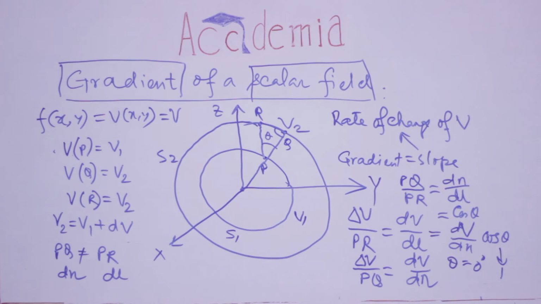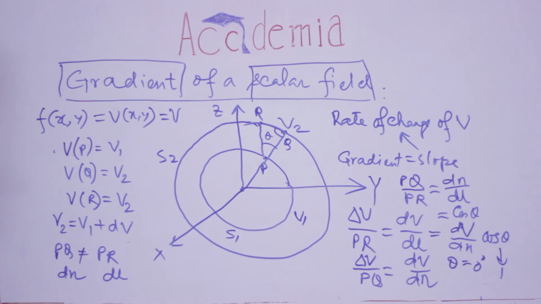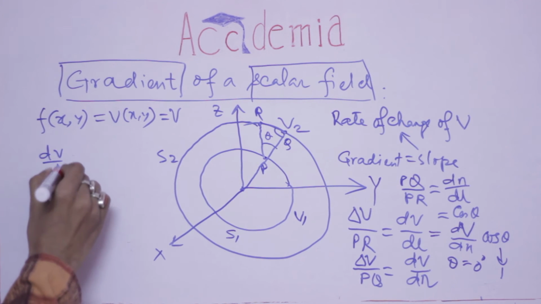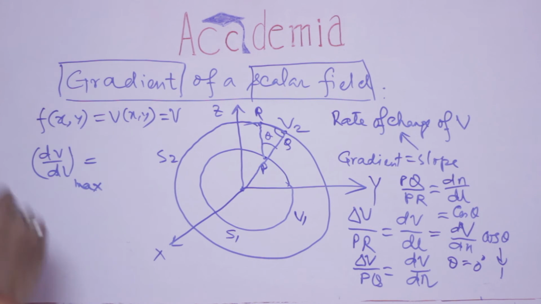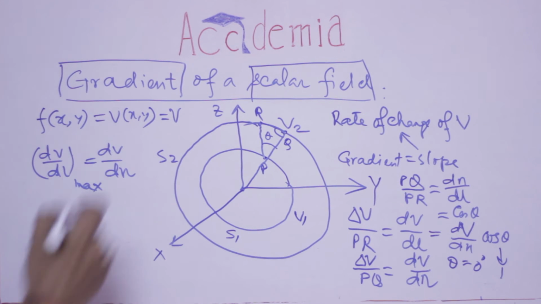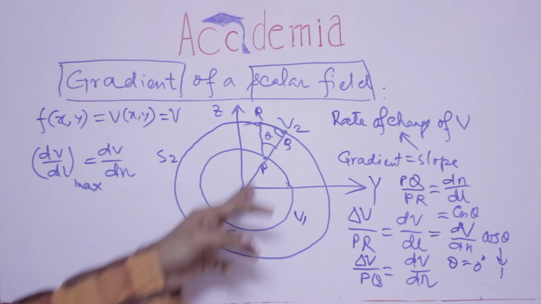So maximum dv dl will be dv dn. And dv dn is the rate of change of v in the PQ direction.